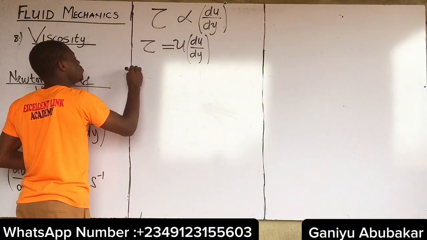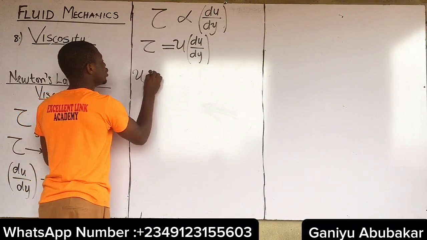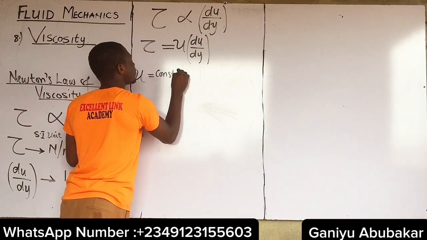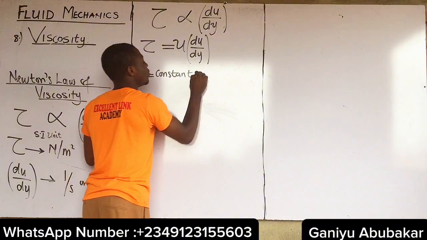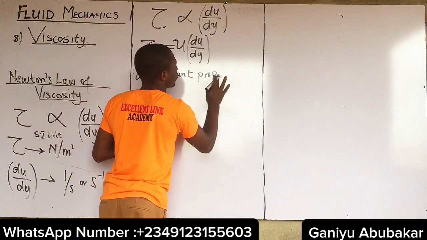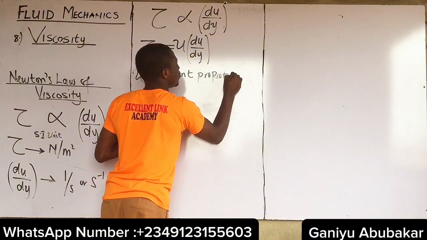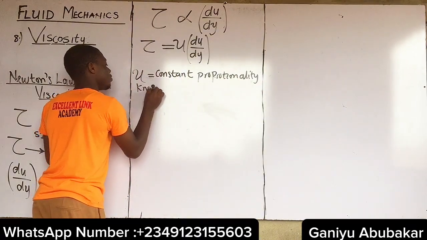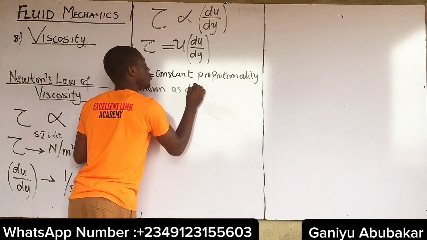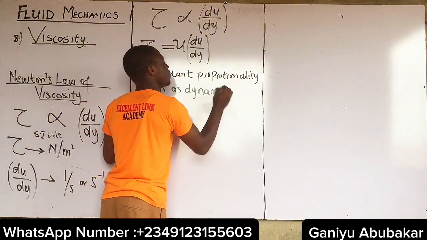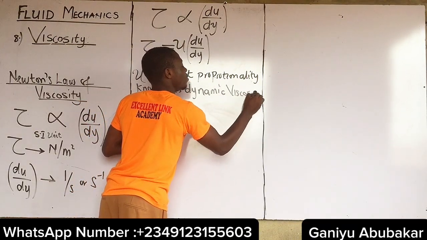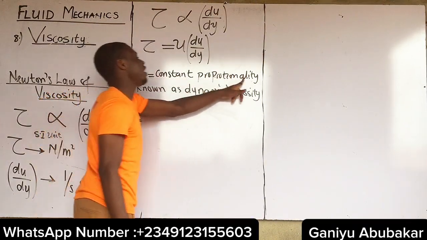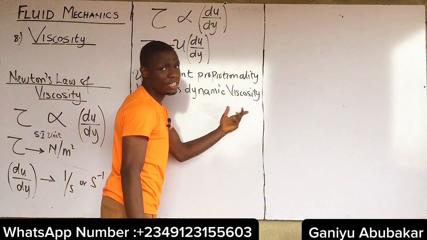So I'm saying that this mu is known as the constant of proportionality, known as dynamic viscosity.